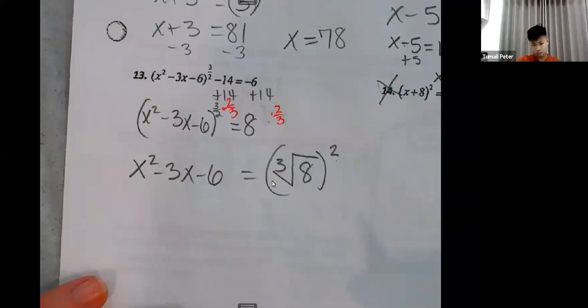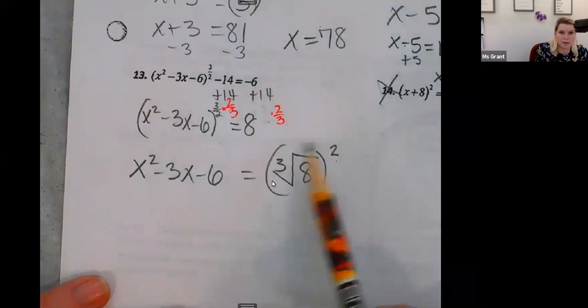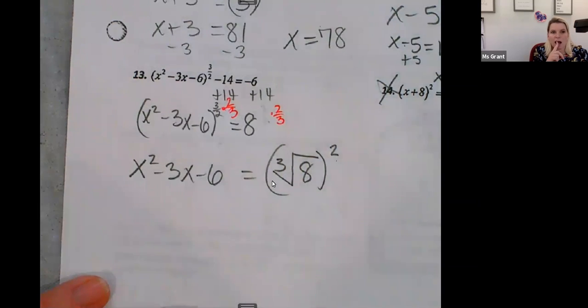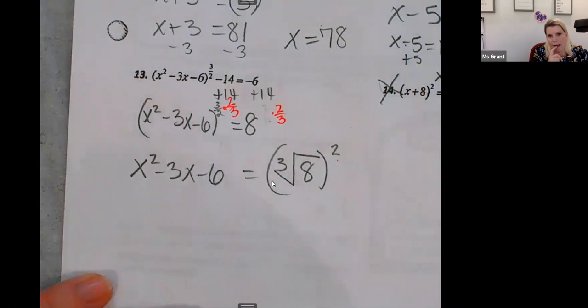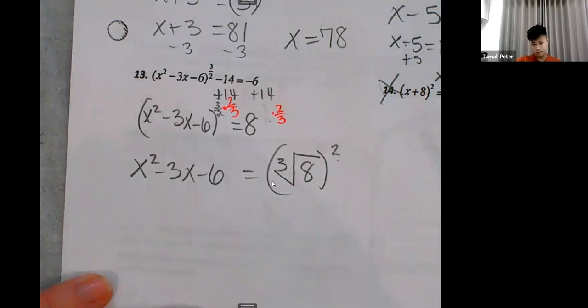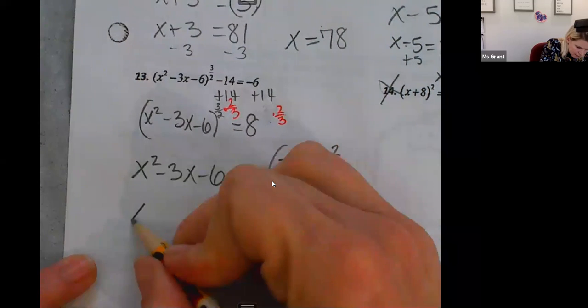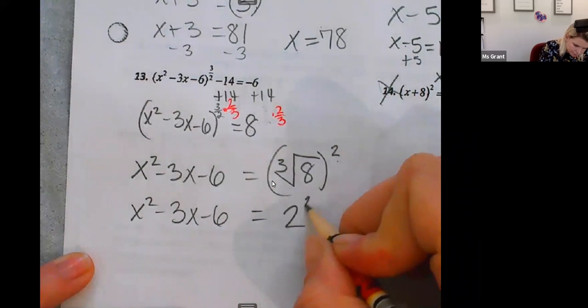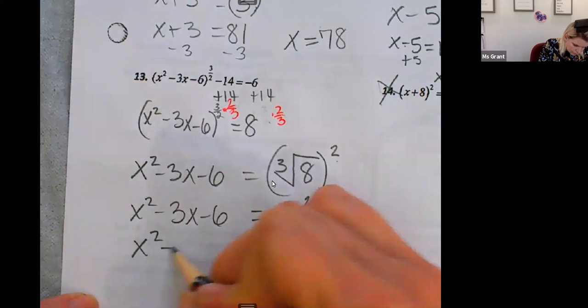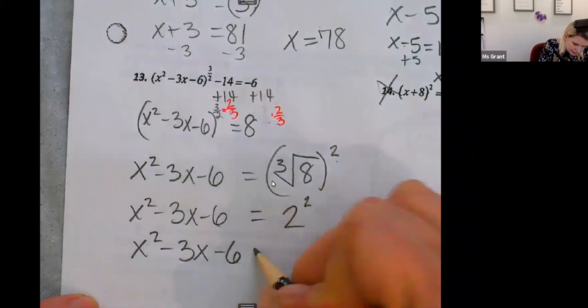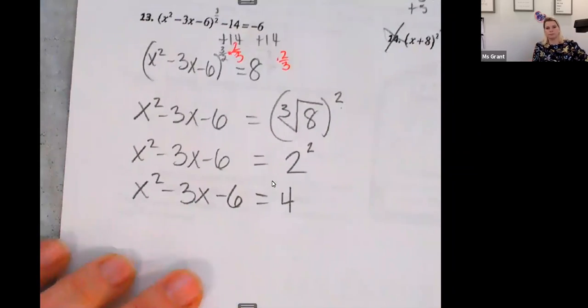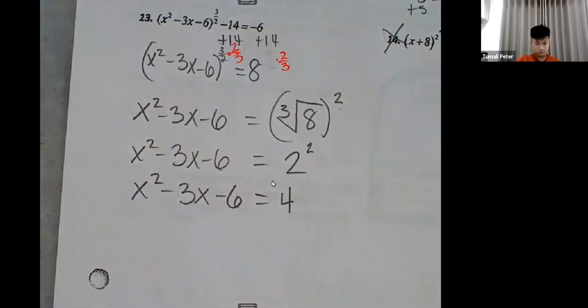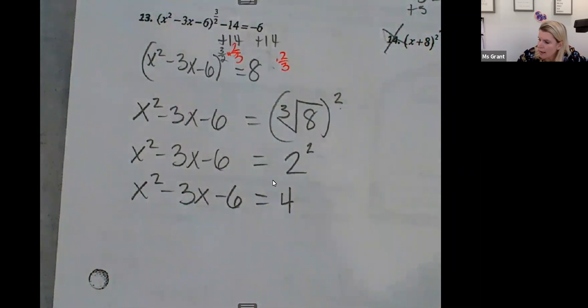Thank you, Peter. Simplify this 8 here. 2 squared. Yeah. x squared minus 3x minus 6 equals 2 squared. x squared minus 3x minus 6 equals 4. Okay, now this is easy. Algebra 1. I'm supposed to be solving for x, right?